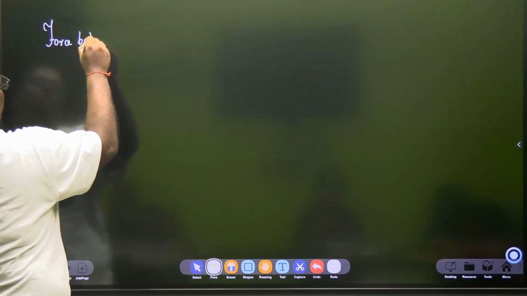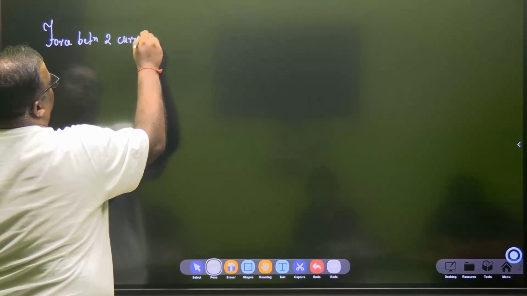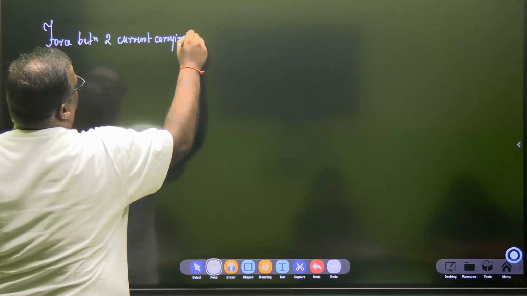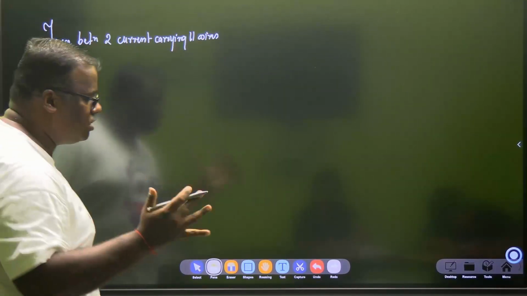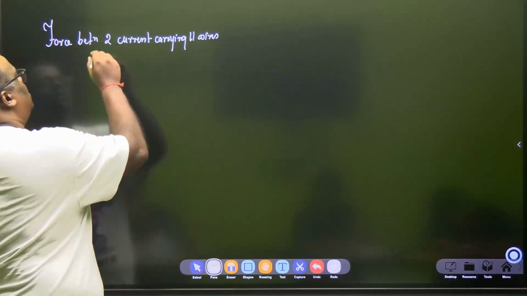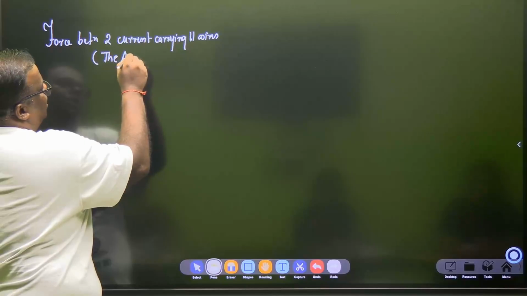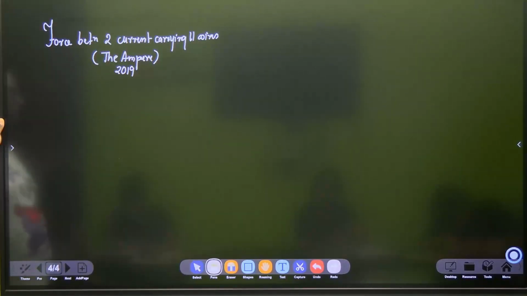So our next topic is force between two current carrying parallel wires, and this actually combines Biot-Savart law, Ampere's law, and Lorentz force, everything. This will give you the definition of the ampere, the SI unit since 2019.